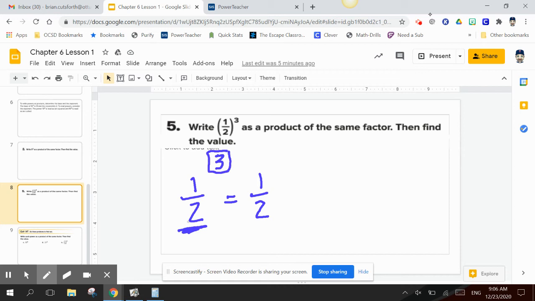It tells me how many 1/2s I'm multiplying. So since I have 3, I multiply 1/2 times 1/2 times 1/2. Then to find the value, I simply multiply. 1 times 1 times 1 is 1. 2 times 2 is 4. 4 times 2 is 8.